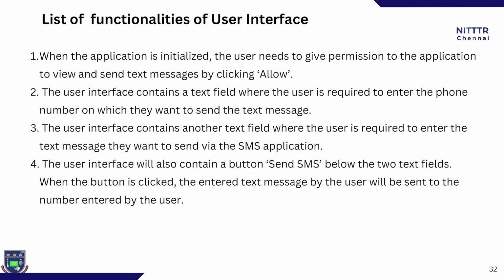Third, another text field where the user enters the text message they want to send via the SMS application. Fourth, the user interface will also contain the Send SMS button below the two text fields. When the button is clicked, the text message entered by the user will be sent to the number entered by the user. So, we'll now start working on developing the SMS application.